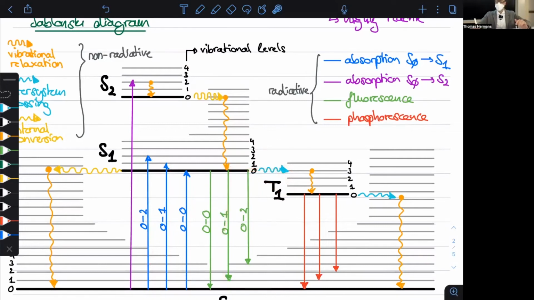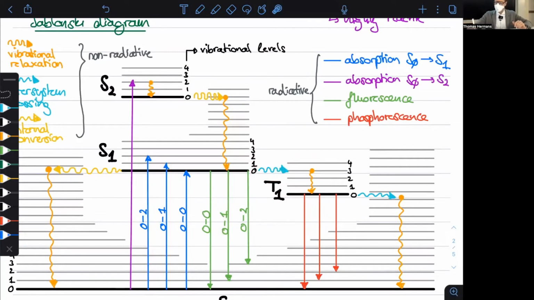But because these time scales are very long, if I do intersystem crossing and then reverse intersystem crossing, it takes a very long time. So it would look like phosphorescence, but at the same wavelength as the fluorescence. And there can be different types.